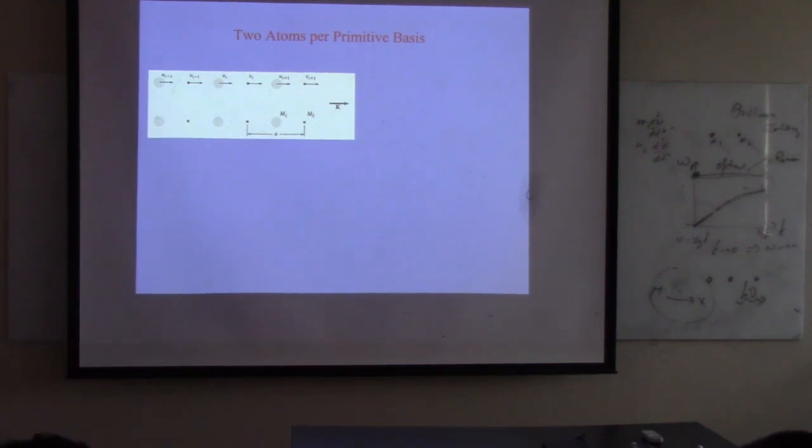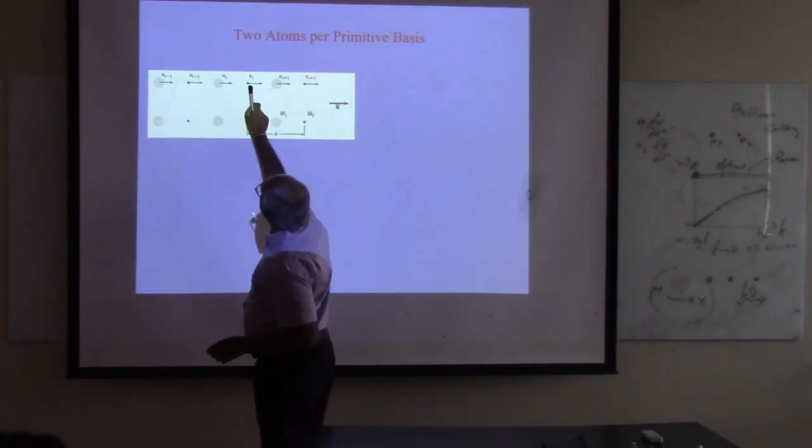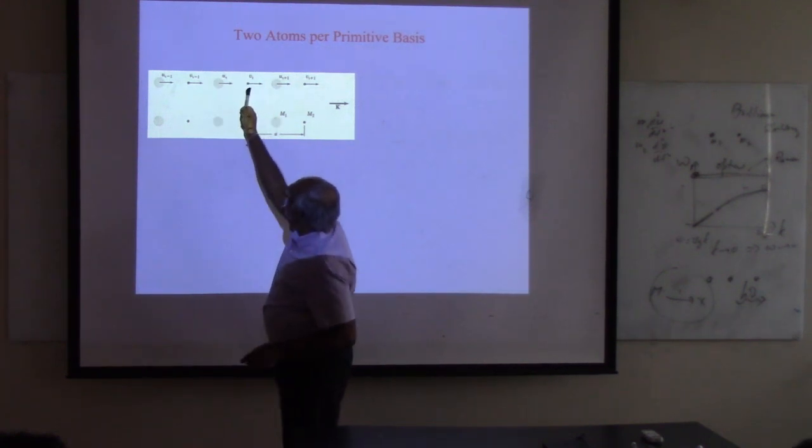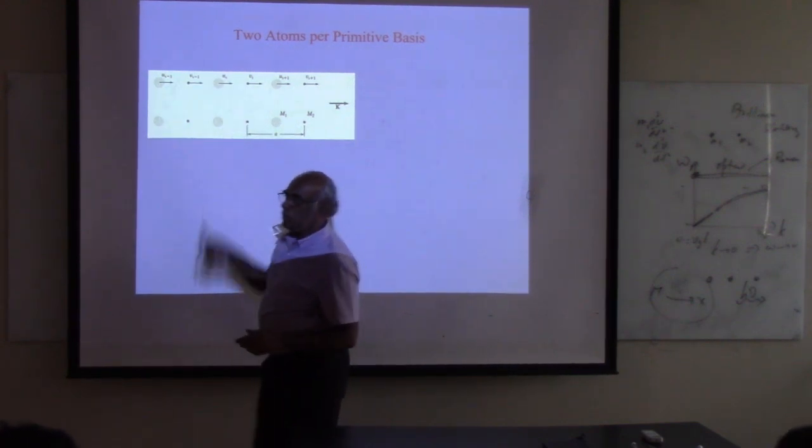So then what is the equation? m1 d squared u_s over dt squared equals, if your constant is c, you can write c times... Because the spring is attached, it is displaced by this one and this one, so you have to take the difference.